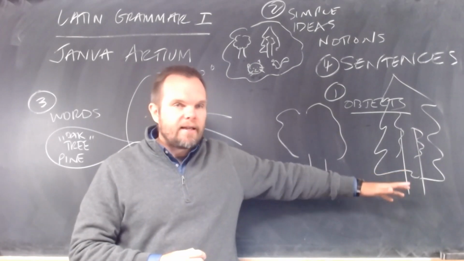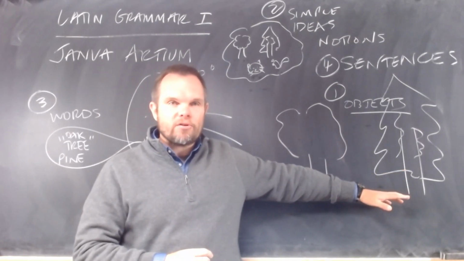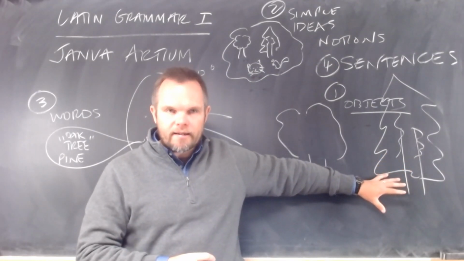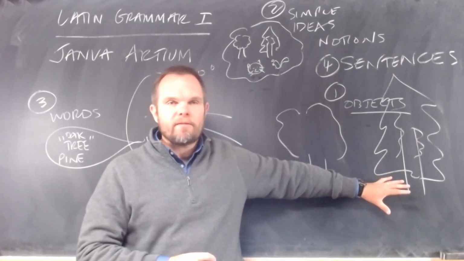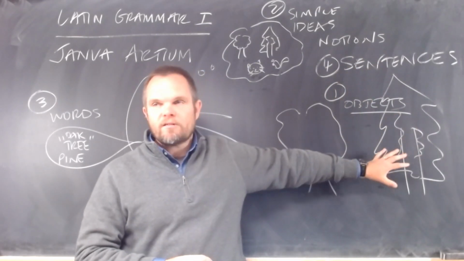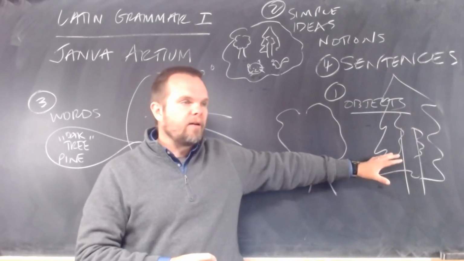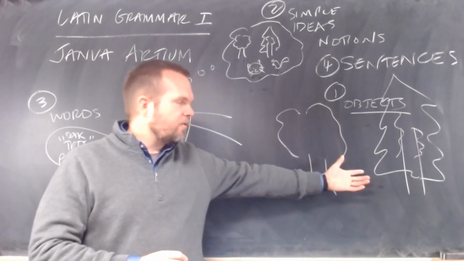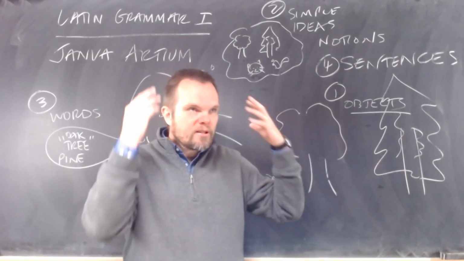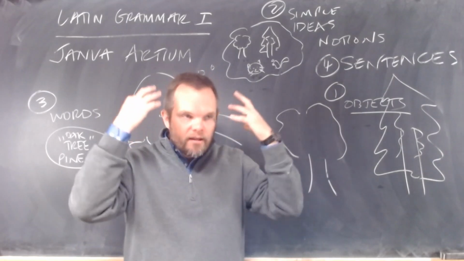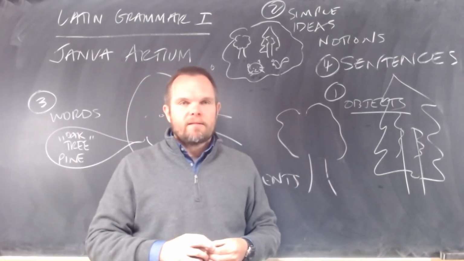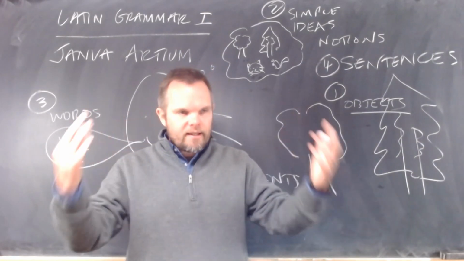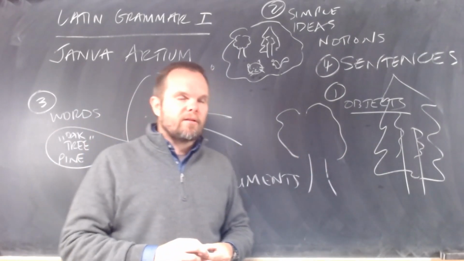If I say angel, how can you think of an angel? It's not a physical thing. It doesn't have a body, but you can understand the idea of an angel. And the greatest example of this is God himself. How can you think of God? He doesn't have a body. But for some reason, when I say the word God, there's a mental idea of what God is. And by study, that idea can become clearer and clearer.